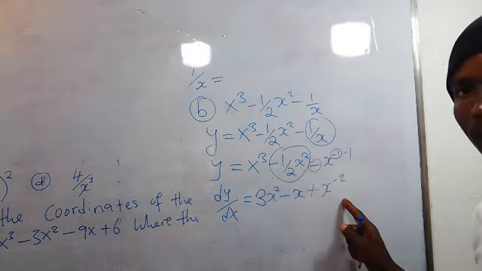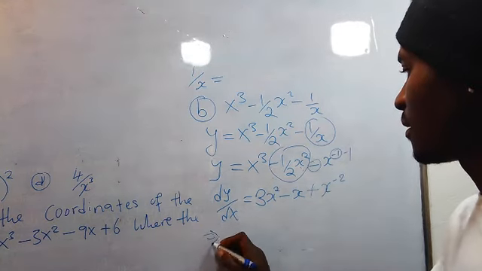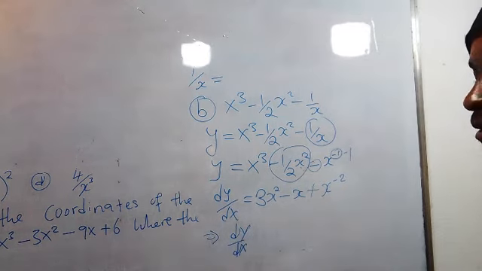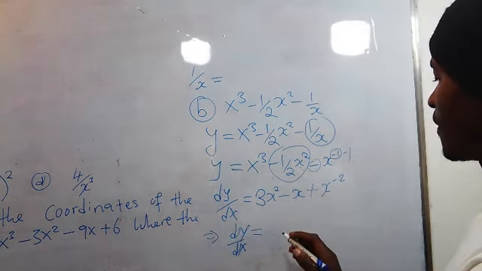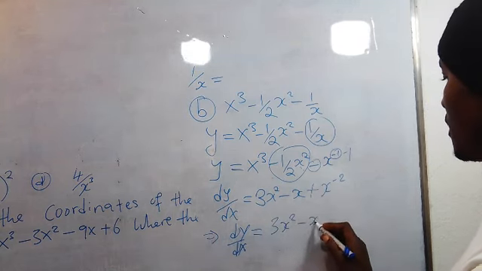So now once you do that, you can now say dy over dx, okay? dy dx, this is 3x to the power 2 minus x, okay?